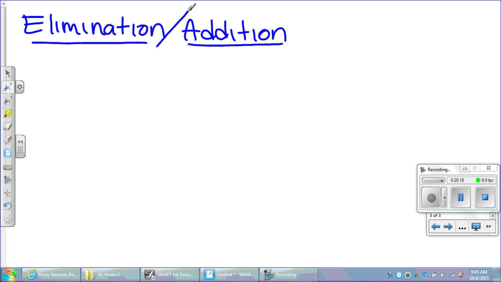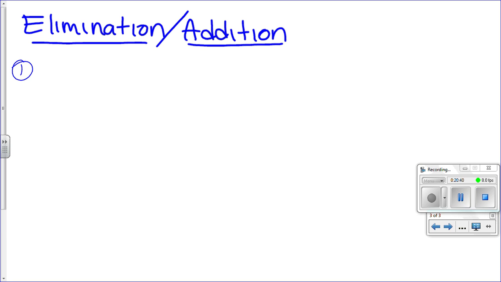So for this method, we're going to solve an example. Let me pick one. So for my first equation, we're going to have 6x minus 7y, and that is equal to 47.